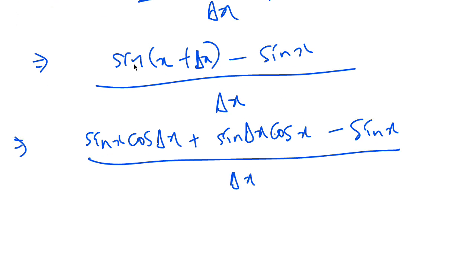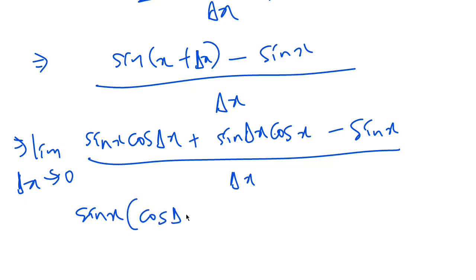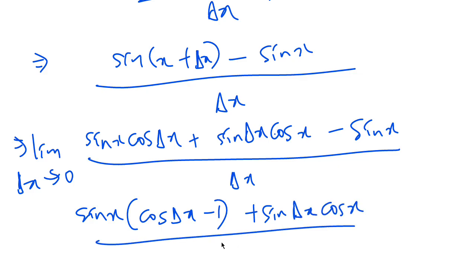So continuing, you can see that we can factorize sin x. Remember we are looking at the limit as change in x tends to 0. So sin x into cos change in x minus 1, plus sin change in x cos x, over change in x.